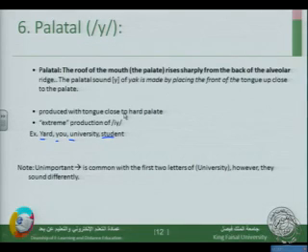The Y is pronounced like this. The U in important is common with the first two letters of university, however they sound differently.